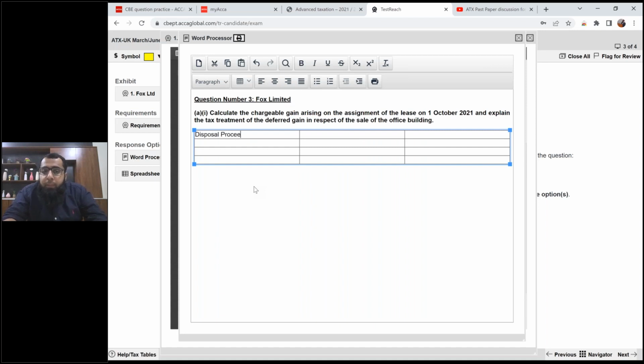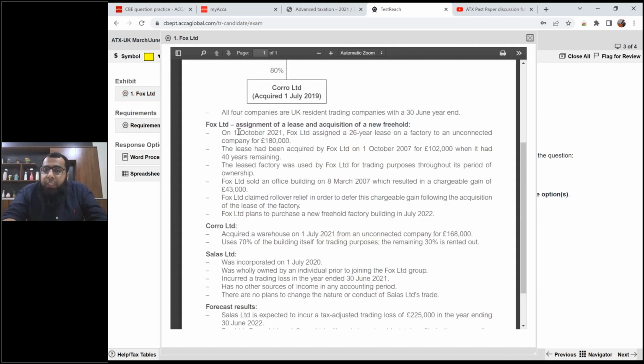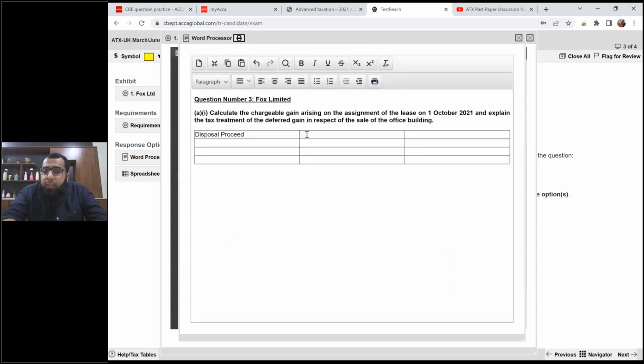Disposal proceeds. What is the disposal proceeds? On 1st October 2021, Fox Limited assigned a 26-year lease on a factory to an unconnected company for £180,000. So the disposal proceeds is £180,000. Now from this, we will deduct adjusted cost.